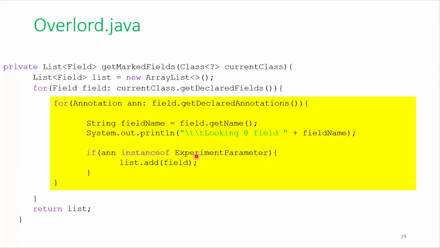As soon as we find that this field has one annotation of class experiment parameter, we add it to the list that we eventually return. So we go over all the fields, check all of their annotations, and if at least one of them is experiment parameter, we add it to the list. We return the list of all the fields that have been tagged with our new annotation. And that's pretty much it. That's the metaprogramming version, that's how it works.